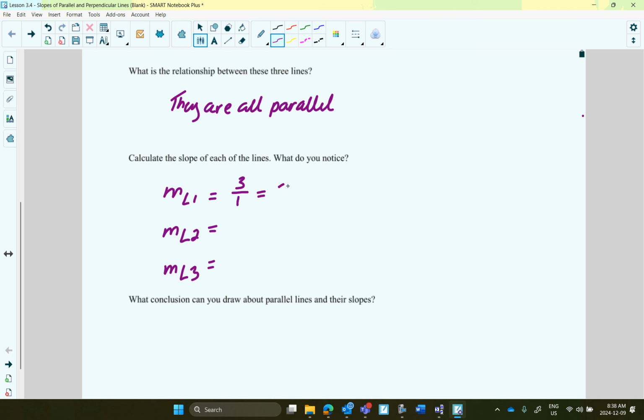So the slope of the first one is 3 over 1, or just 3. What about the second one? Do rise over run again. 3 over 1 again, or just 3. Do the third line, line 3. 3 over 1.